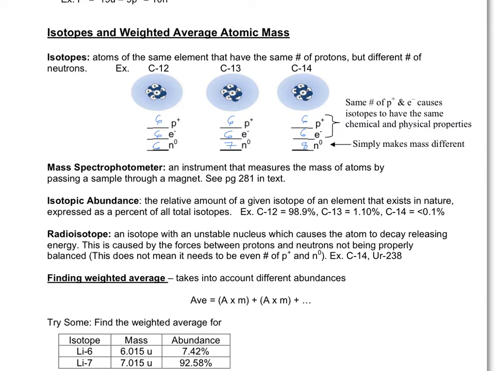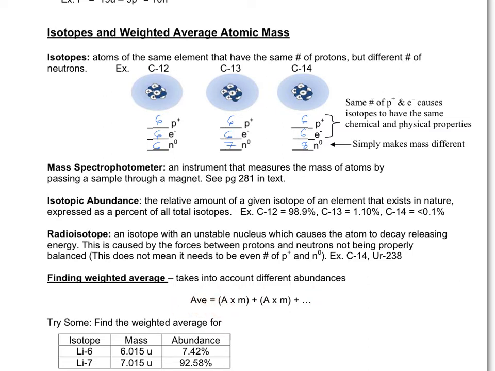Because of this, the question becomes, what mass do we put on the periodic table for an element? What we do is we find the weighted average of all of the isotopes and take into account their different abundances. Here's the equation to do this.